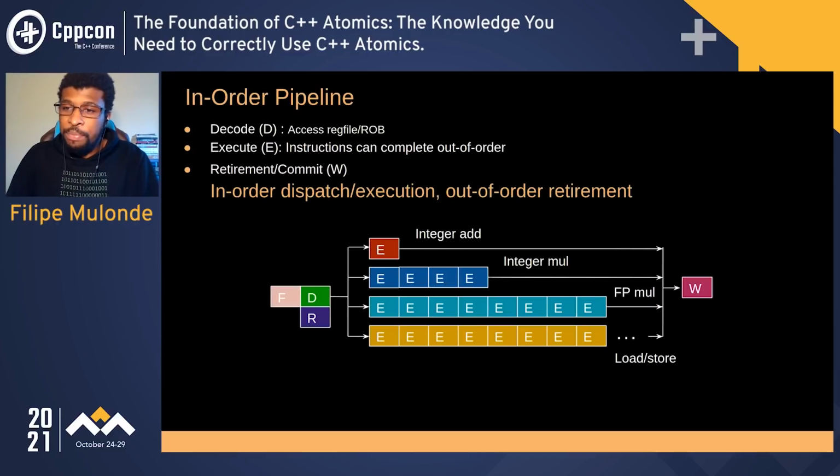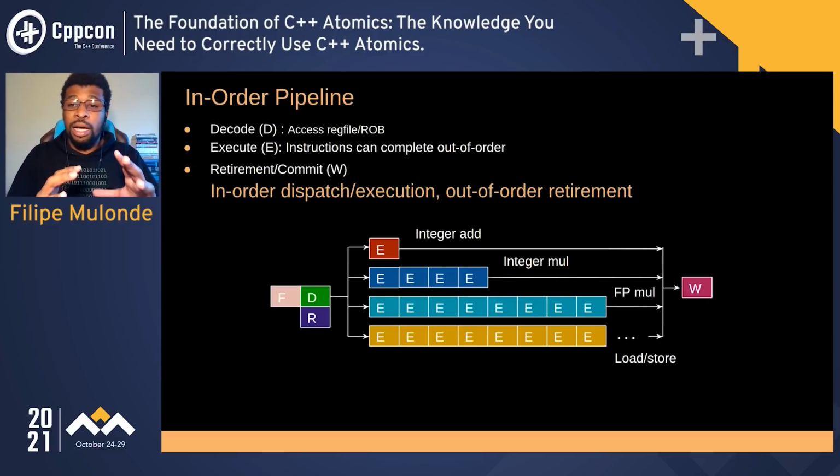In an in-order pipeline, first we fetch an instruction. After fetching the instruction, we move it to the decode stage. At decode stage, we use a buffer called Reorder Buffer to perform register renaming. You don't need to understand that right now. Going forward, it will be clear.